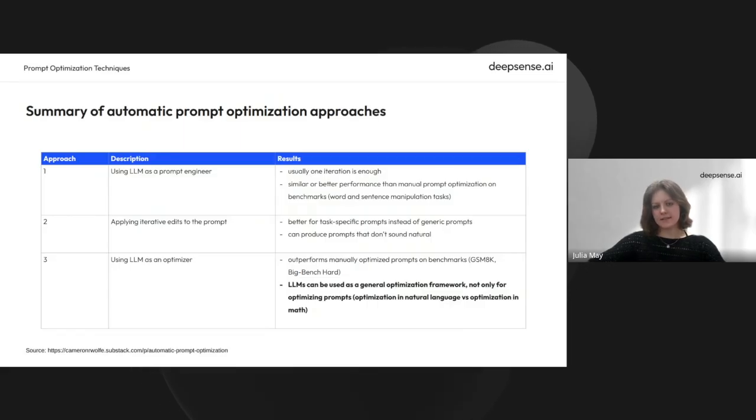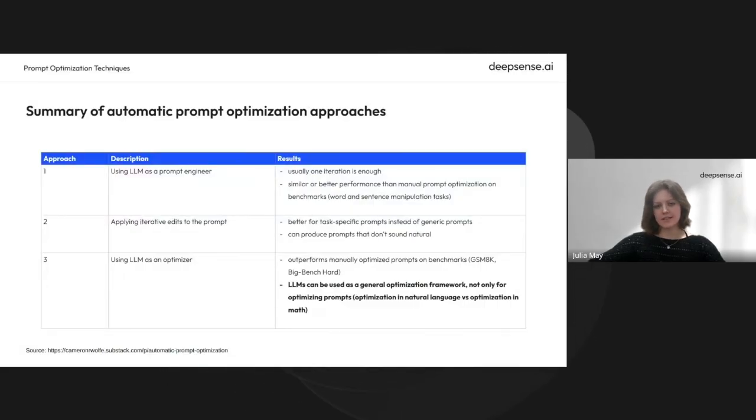But the drawback is that this approach can produce prompts that don't sound very natural because of these different edits that might create some awkward sentence structures. And the third approach was using LLM as a general optimizer. And this approach outperforms manually optimized prompts on different benchmarks.